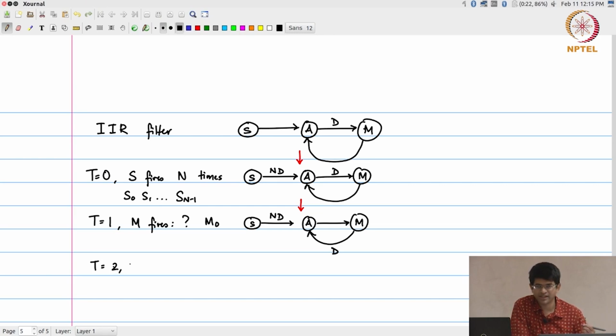At t equal to 2, now M cannot fire anymore. S of course can fire at any point, but I have already generated n output tokens, so I am not going to really bother with it at this point. A can fire, again it can fire only one time, because it has n tokens sitting on one of the inputs from source, but on the other input which is coming from M, there is only one token sitting over there.